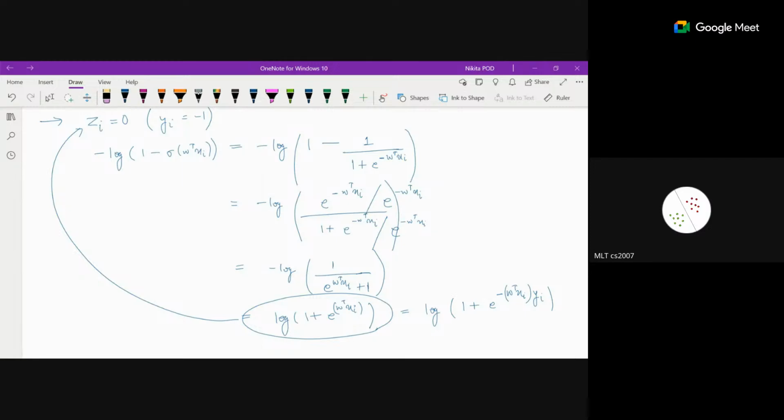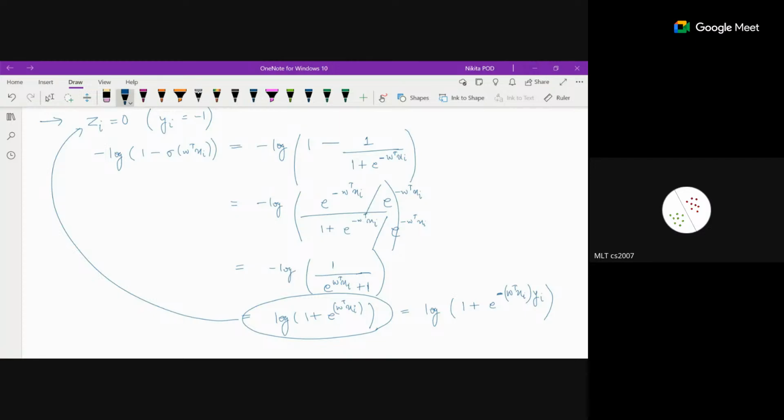Now, since my yi is minus 1, and I know that this is just e to the power W transpose Xi, to compensate that, we have to put a minus sign here. So this is the function that we get, that is log of 1 plus e to the power minus W transpose Xi yi.